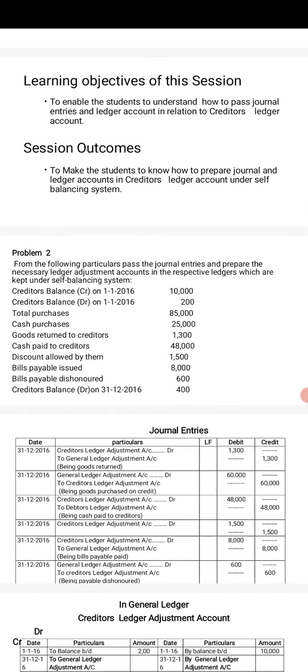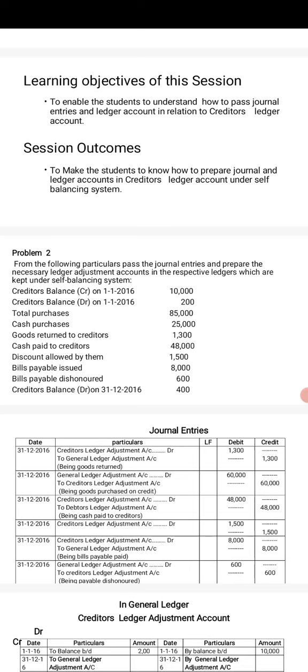So you have to identify what are all the transactions that are given, and group the transactions which have to be entered on the debit side and credit side. Before preparing ledger accounts, we have to pass journal entries for some combinations.